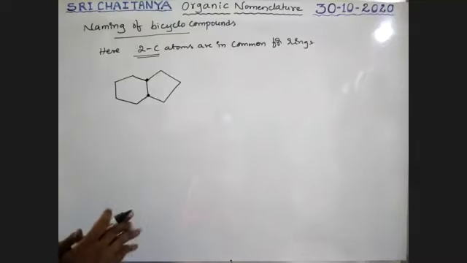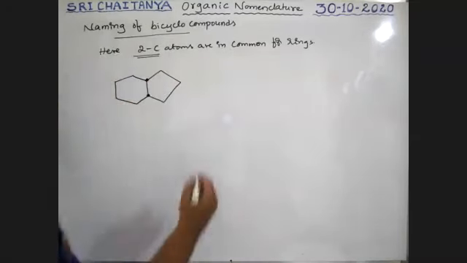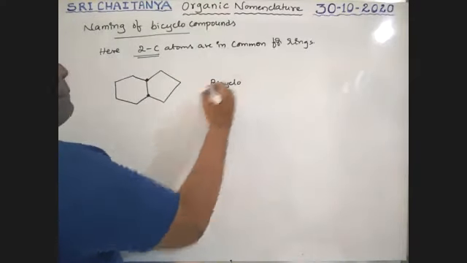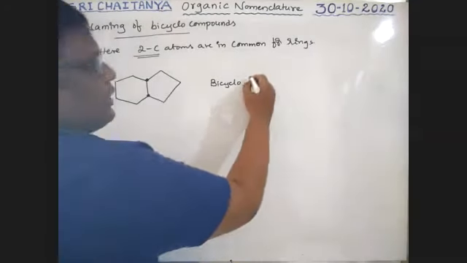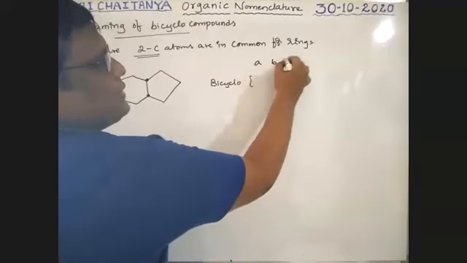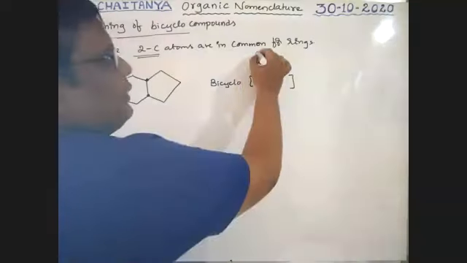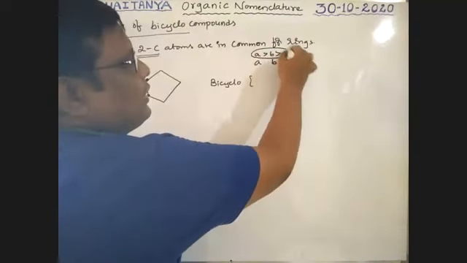Now, what is the name of this compound? First of all, because it is bicyclo, the prefix bicyclo is used. After bicyclo, numbers are used. So A, B, C, three numbers come here, with A greater than B greater than C, my dear boys. Write from higher value to lower value.